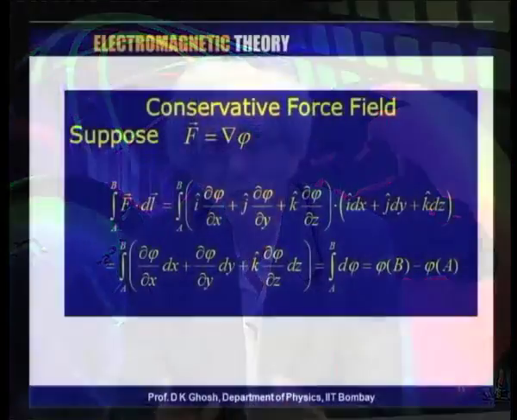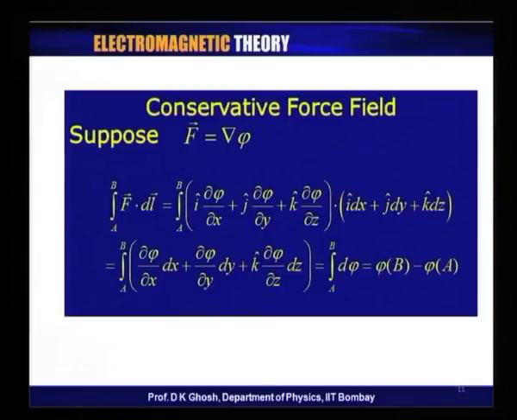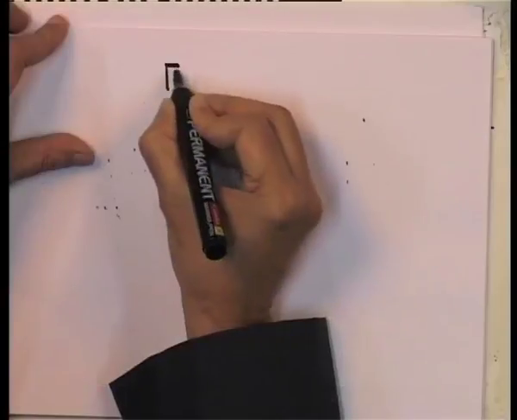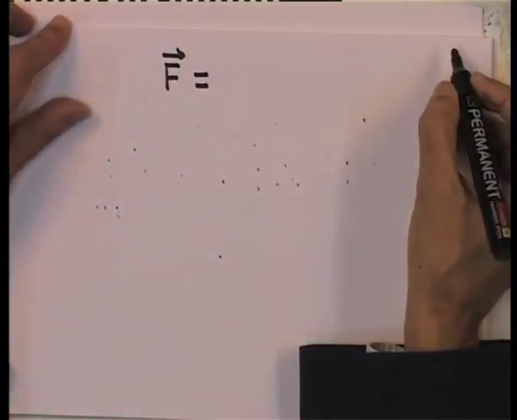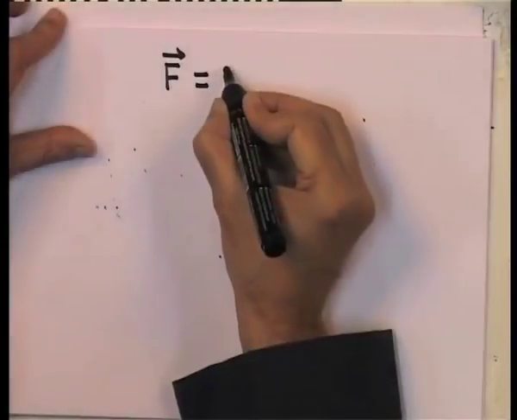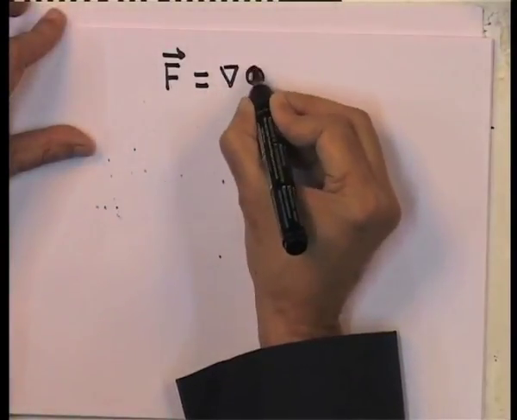Now, let us spend a little more time on the conservative force field. The reason is that the field which is of importance to us in this course, namely the electrostatic field, is a conservative field. So is the gravitational field. Now, suppose I have a force field, a vector field, which can be written as a gradient of a scalar field.